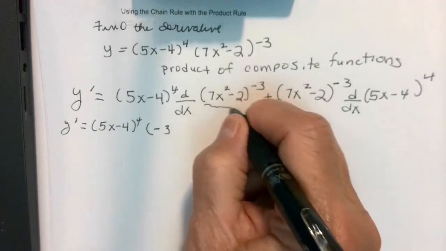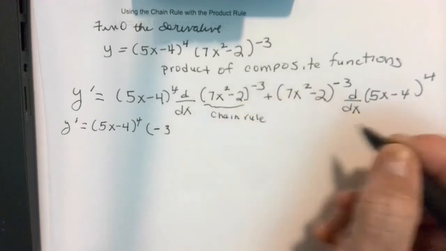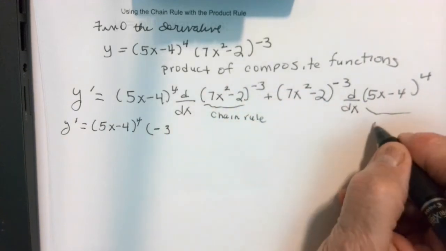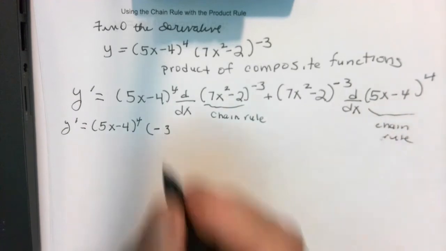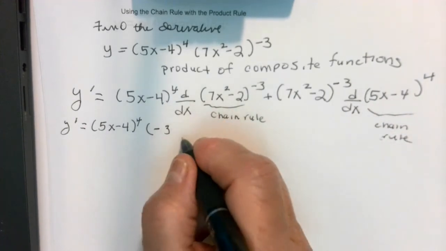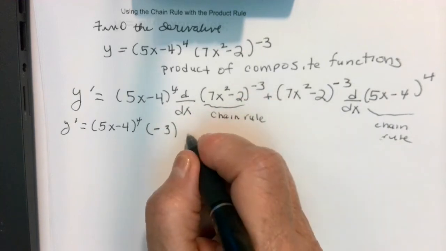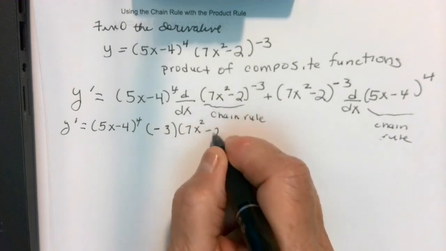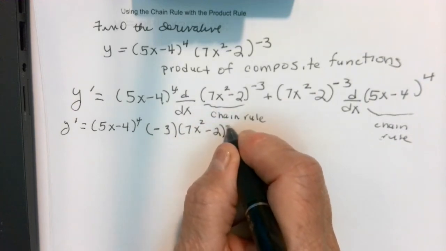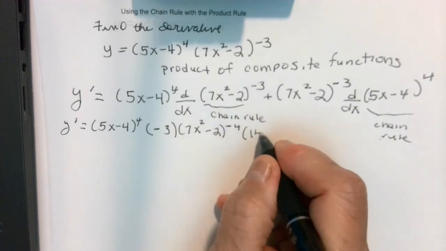So let me just say right here, this is where I've got to use the chain rule. And also right here. Okay, so I've got minus 3 times 7x squared minus 2, subtract 1 from the exponent, and then multiply times the derivative of the inside.